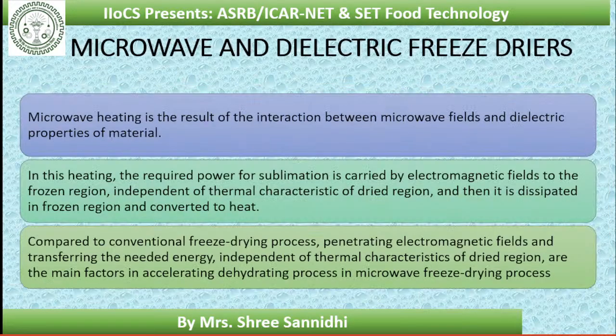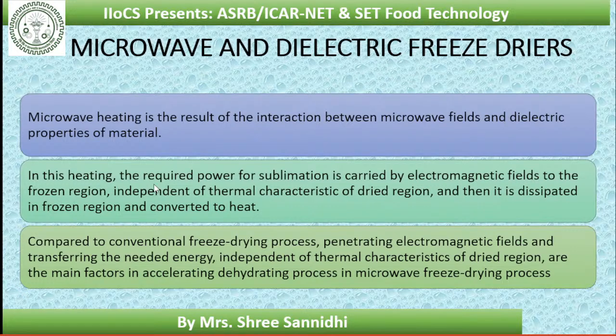The last type is microwave and dielectric freeze dryers. Microwaves are used in order to heat the water molecules of the food. So microwave heating is the result of the interaction between microwave fields and dielectric properties of material.